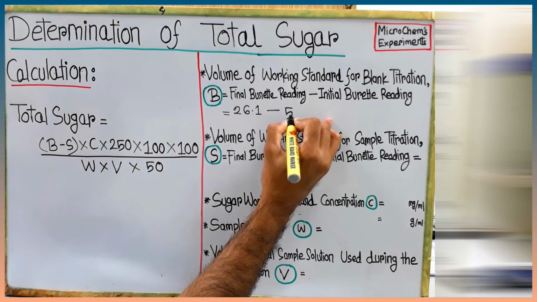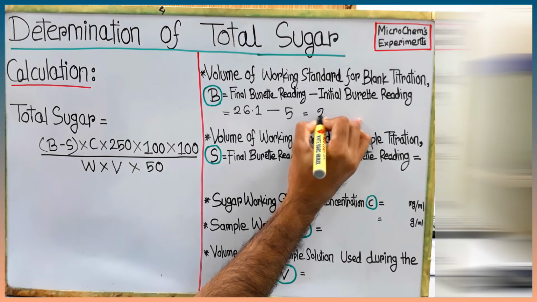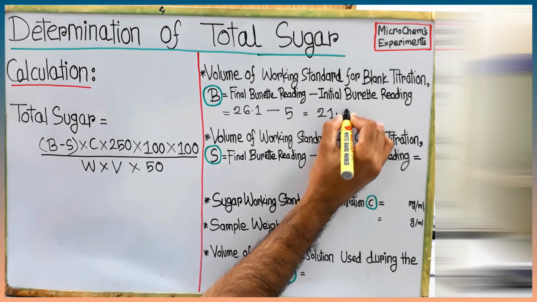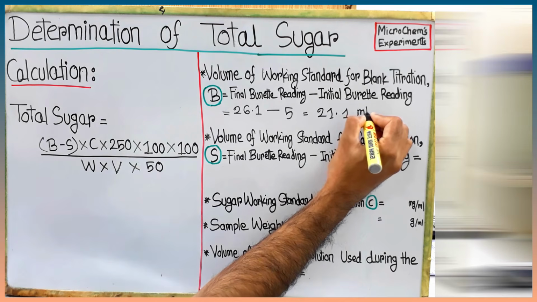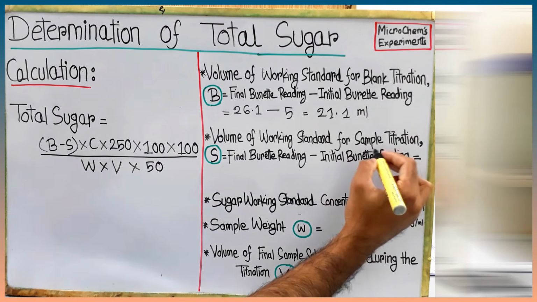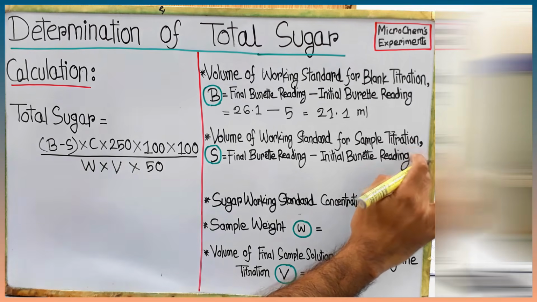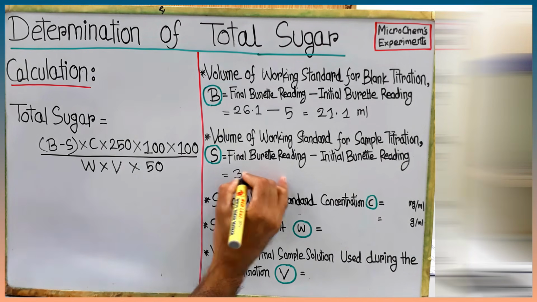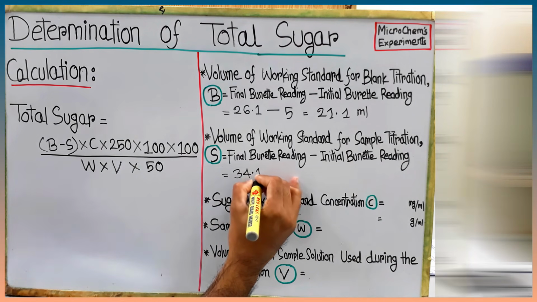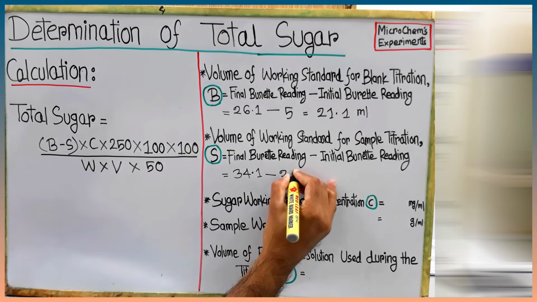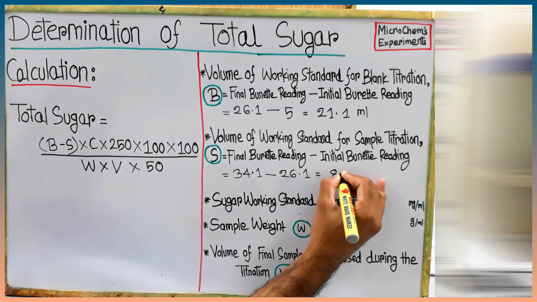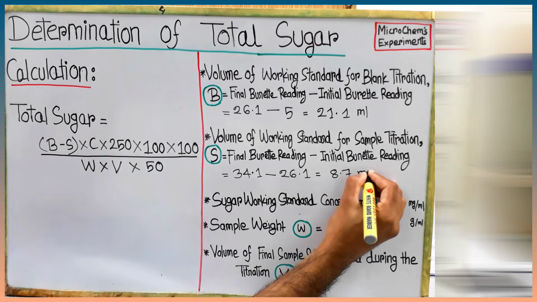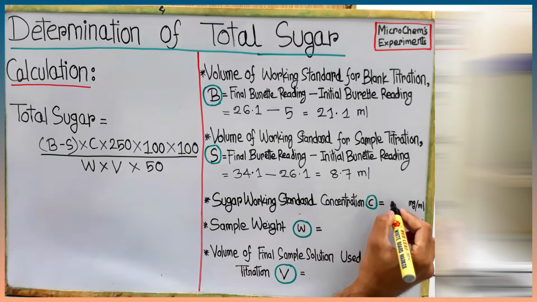Volume of working standard used in blank titration, B, is 21.1 ml. Volume of working standard used in sample titration, S, is 8.7 ml. The concentration of our sugar working standard was 2.5 mg per ml.